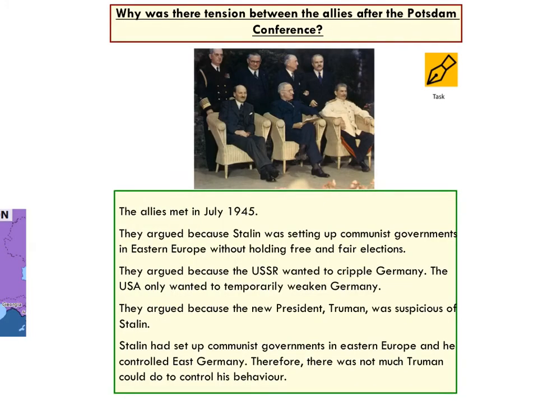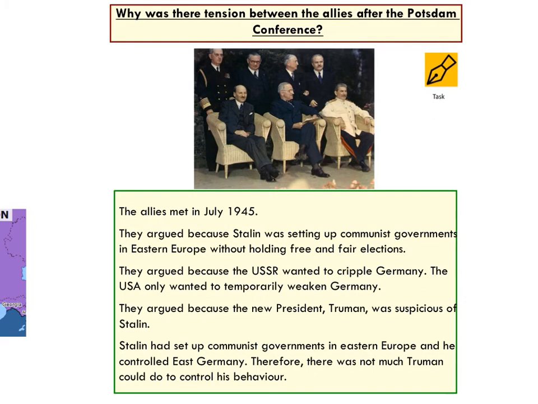Okay, so next we're going to look at the Potsdam Conference. If you do a subheading of Potsdam Conference, the picture you can see here shows Stalin meeting with Prime Minister Attlee, who is the new leader of Britain, and President Truman, who is the new leader of the United States.